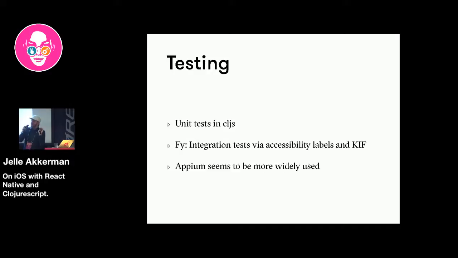But you can do integration tests with KIF. So you use the accessibility labels, which you normally do for screen readers. There's Appium, which taps more into the JavaScript runtime and allows you to manipulate there. And of course you can do unit tests in ClojureScript or JavaScript itself.